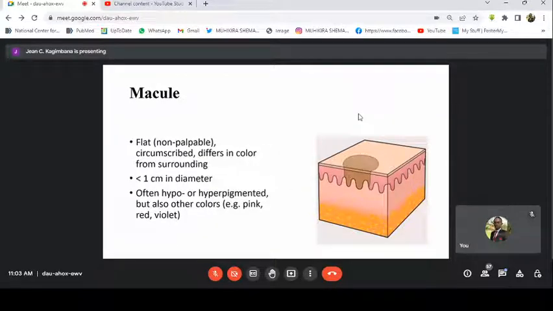You have to always characterize it by its size, less than 1 centimeter in diameter, residing on the epidermis, and differing in color from the surrounding skin. Okay, this is clear.